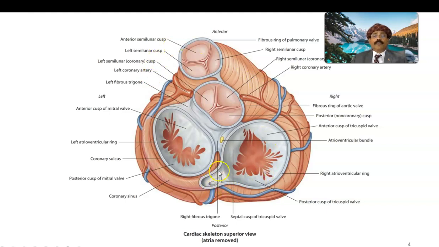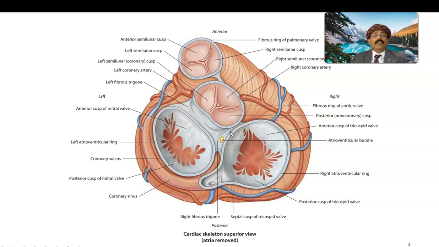The atria have been removed. We are seeing four rings, two large rings, two small rings or coronet, and we have the connective tissue. This is connective tissue called the fibrous trigone, between the aortic valve and the left atrioventricular ring, and also from the aortic valve to the right atrioventricular ring.